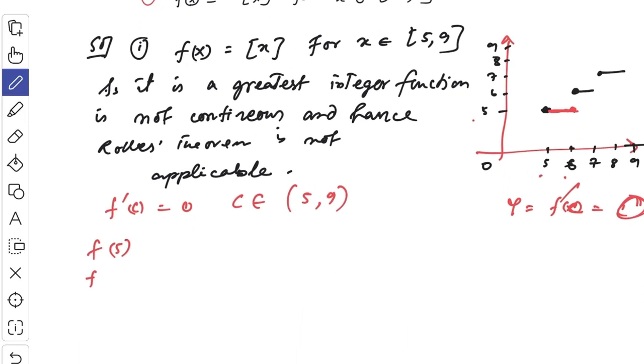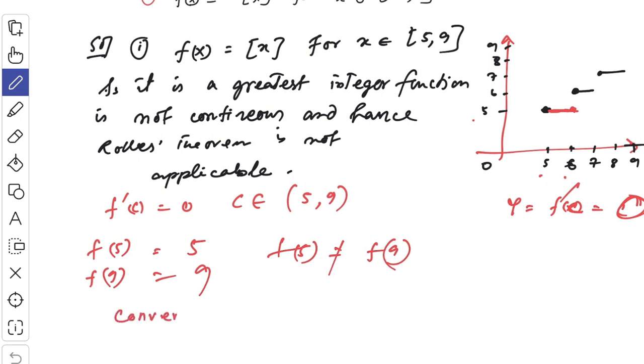So if you find f of 5, f of 5 is 5, f of 9 is 9. It is obviously not equal. f of 5 is not equal to f of 9. So the converse of Rolle's theorem is also not applicable.